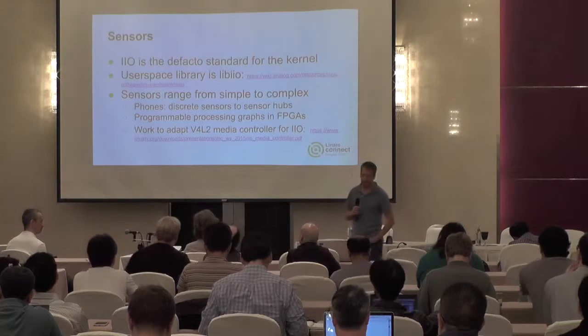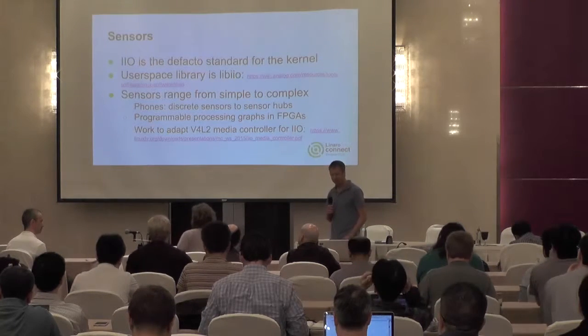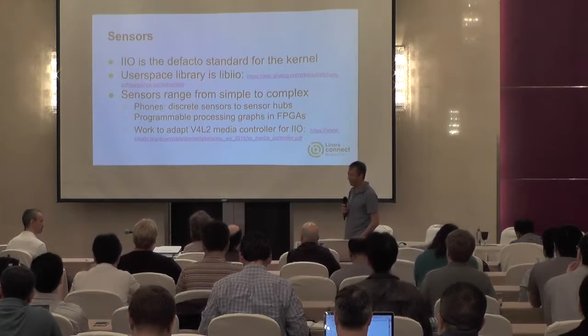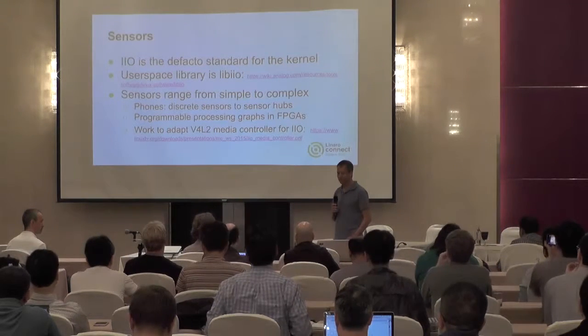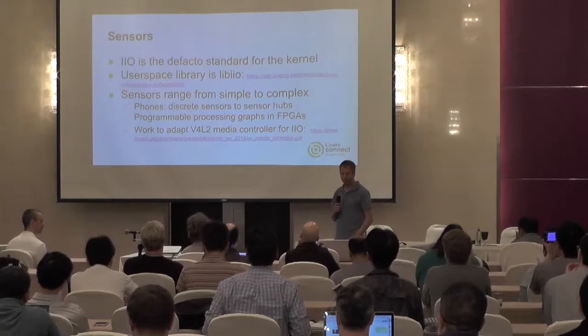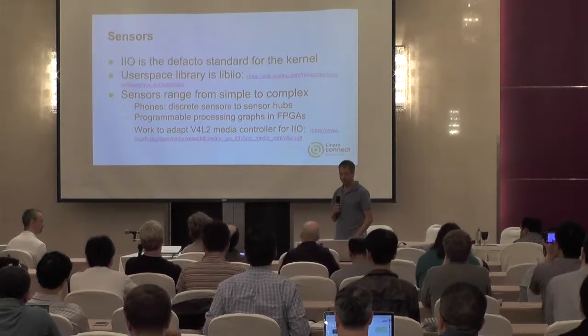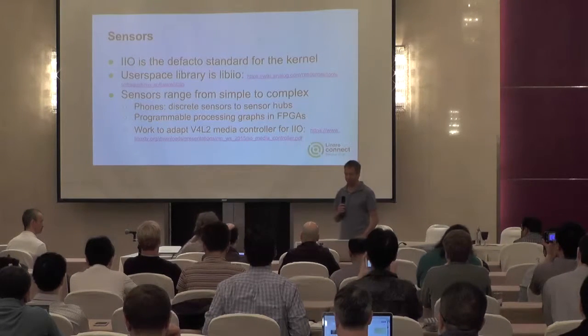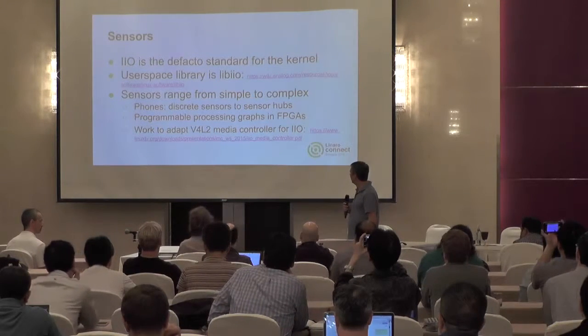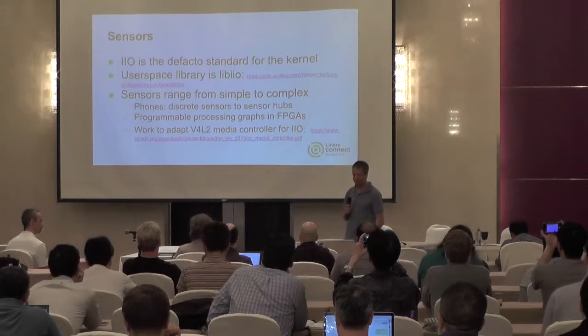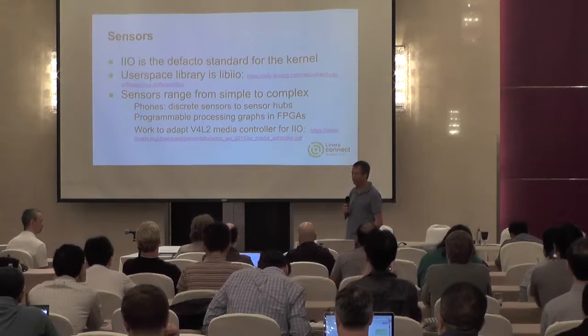On sensors, the standard here is IIO, which is the kernel subsystem name. There's a user space library called libiio. The link is there. One thing we're seeing is sensors ranging from simple to complex.